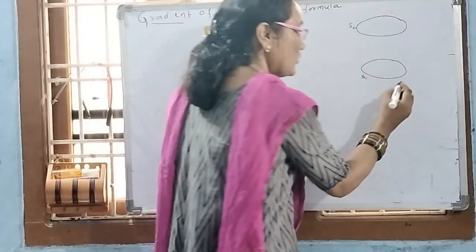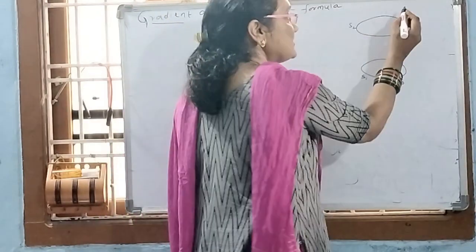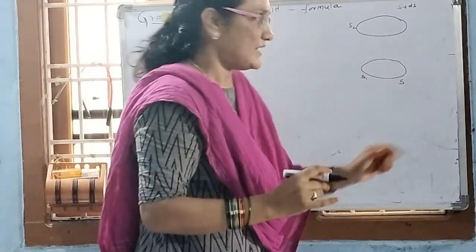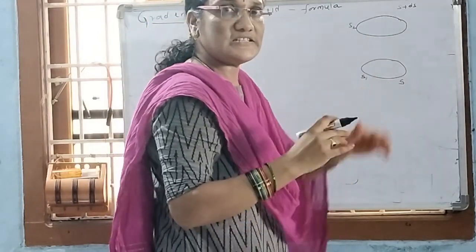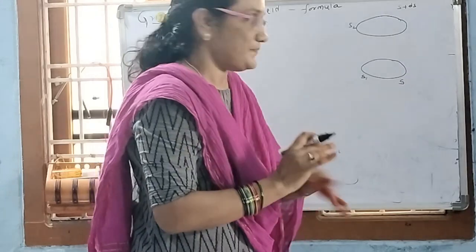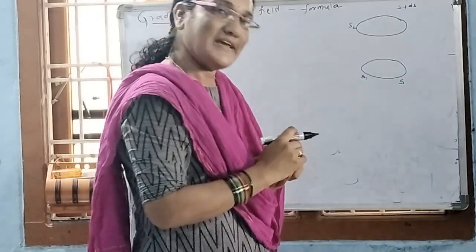Let the surface area of S1 be S. Now the surface area of S2 be S plus dS, right? S2 is somewhat greater than S1 in such a way. So this is S and this is S plus dS, right?